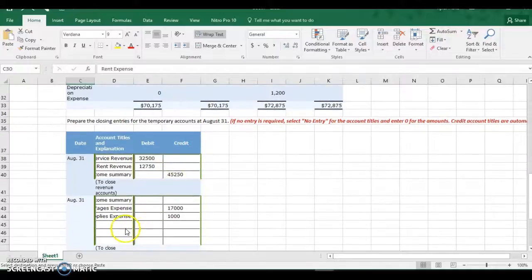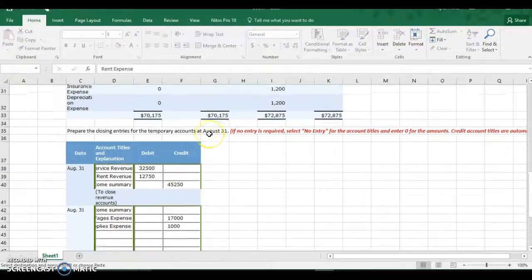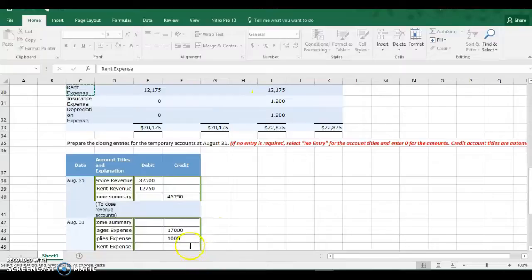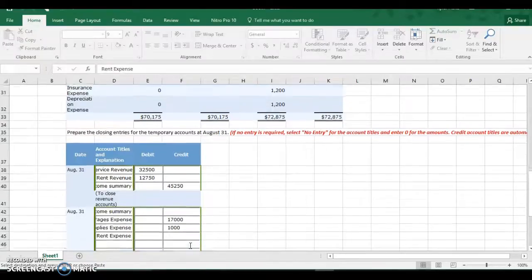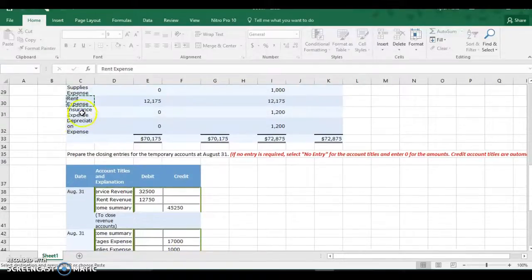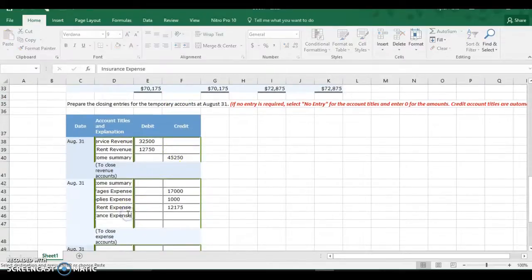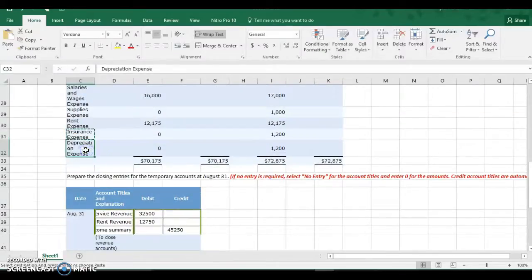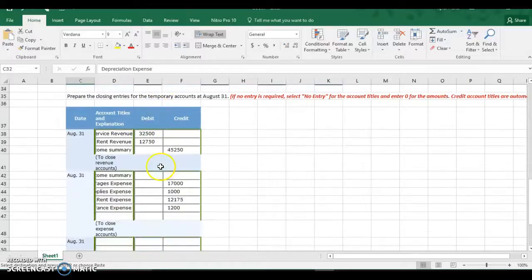The rent expense is 12,175. Okay. Next, we got our insurance expense. Copy that, and that's 1,200. So put that one in here. And the next one we get is depreciation expense, and that one was also 1,200. So let's put all those in there.